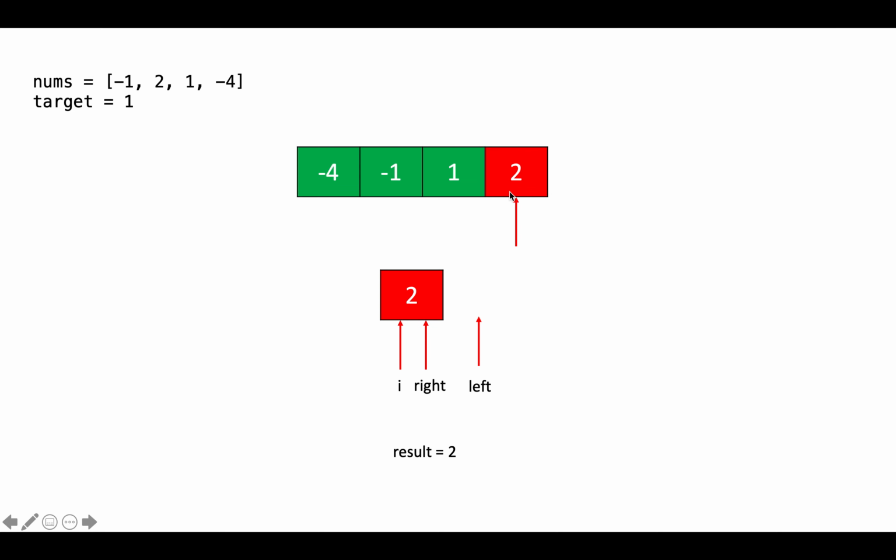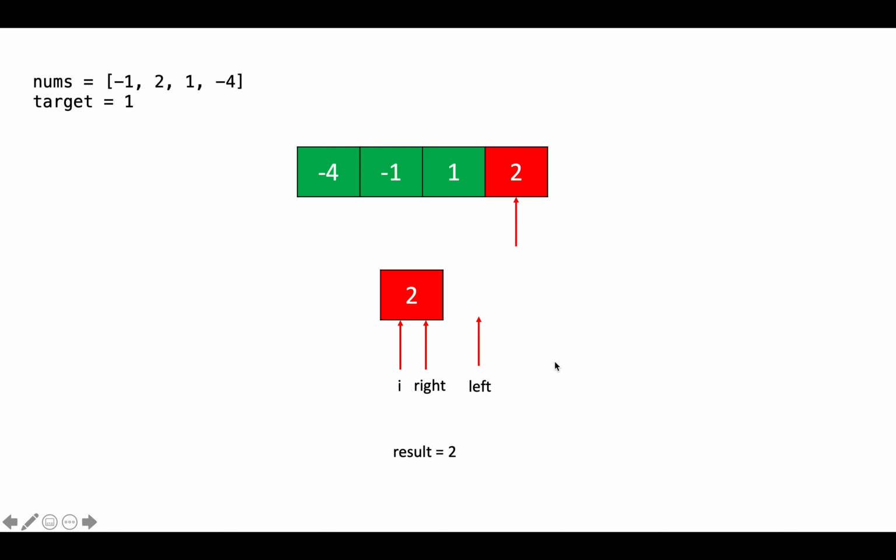Similarly, for the last element in our numbers array, this part is fixed, but our left pointer is bigger than our right pointer at the beginning, so we do not need to update our result. So this 2 is our final result.